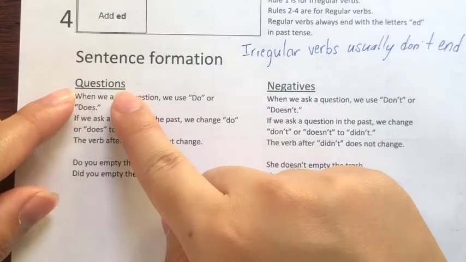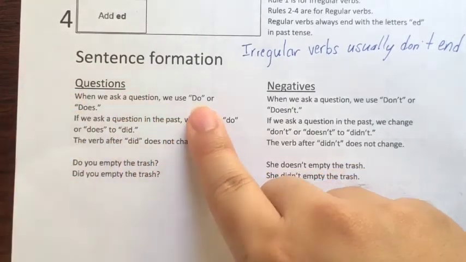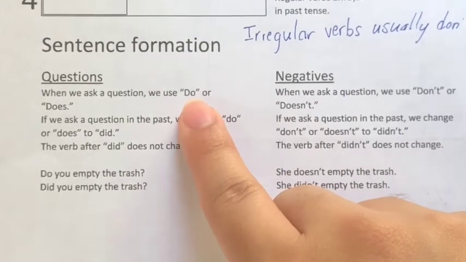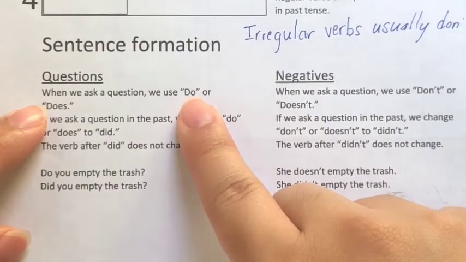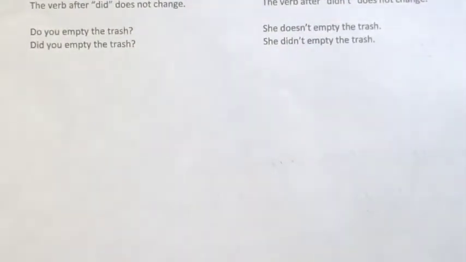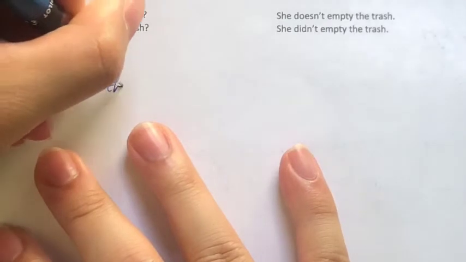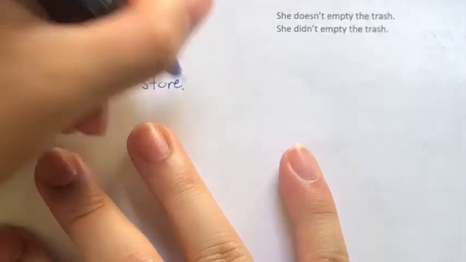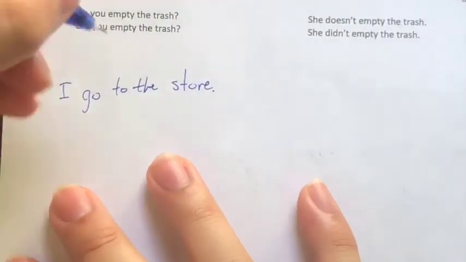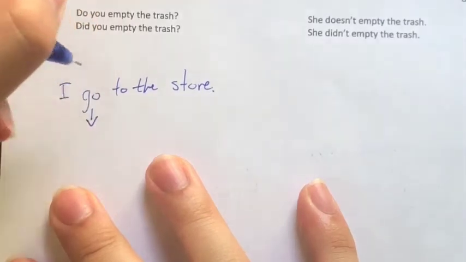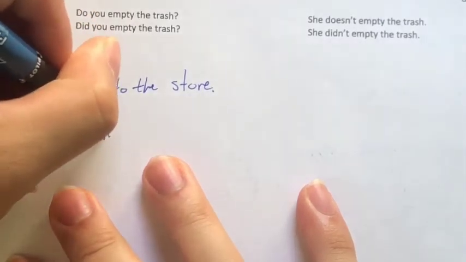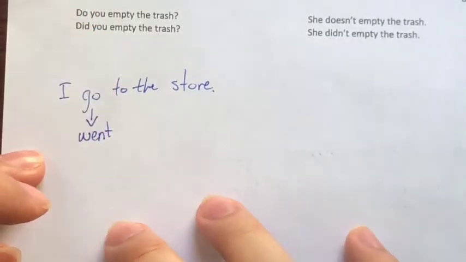But when we have questions, we usually have the word do or does. So if we have, I go to the store. We change the verb go to went. I went to the store.